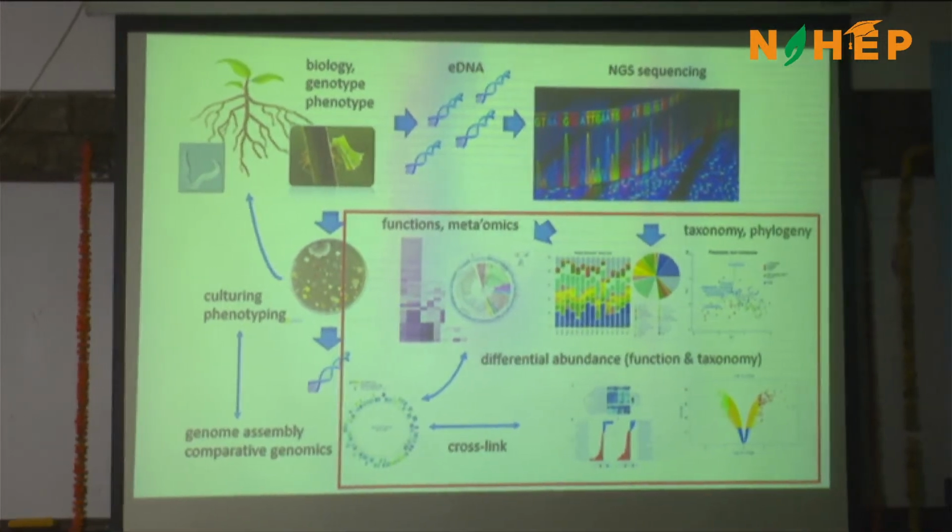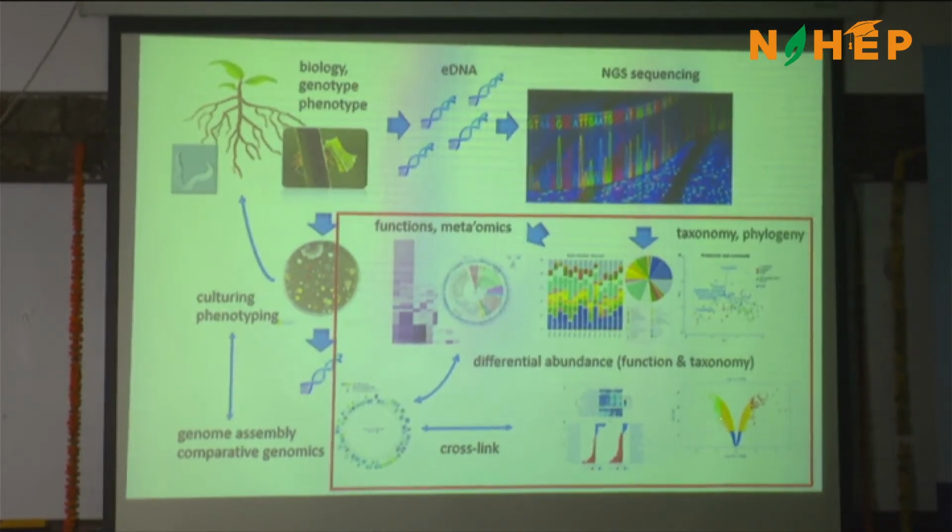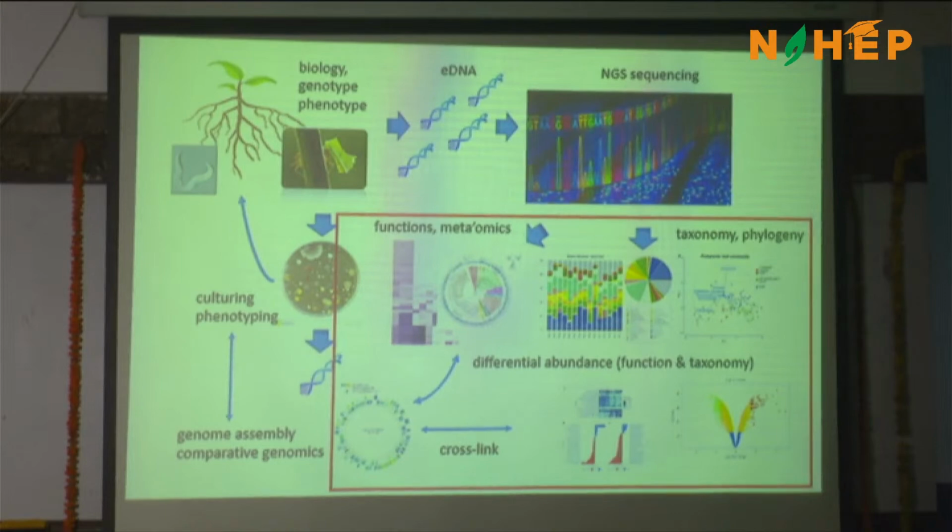We will see it later. Also, we did quite a lot of detailed analysis of 16S amplicon. And now we are moving more into the functions. So how can we see the functions that are happening in our samples, in our treatments?